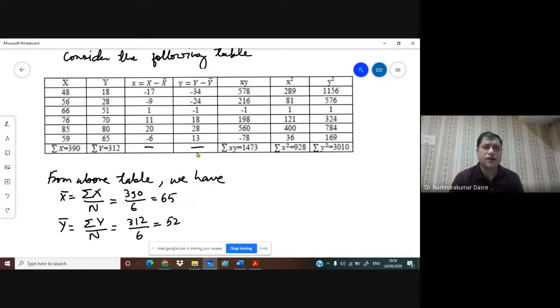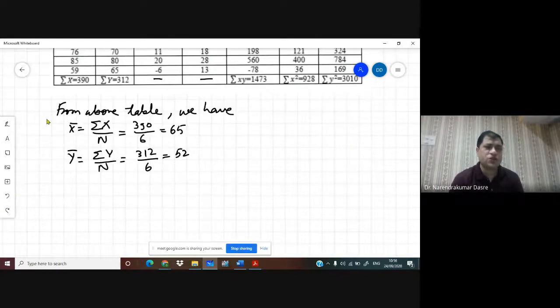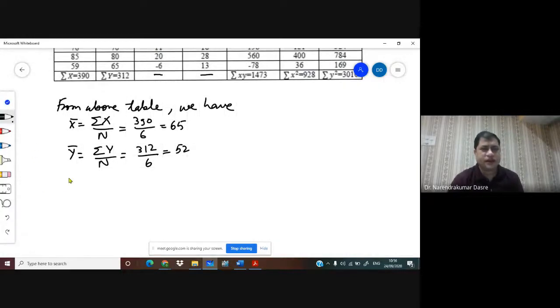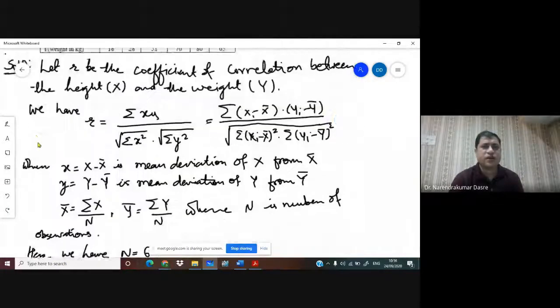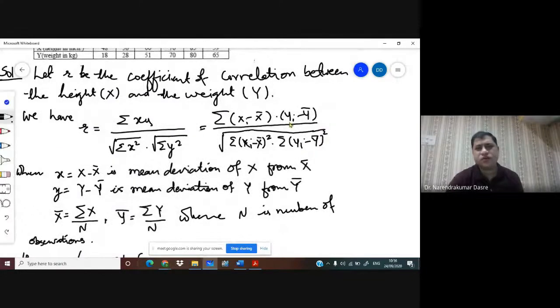Now once you are ready with this table, we are able to write, hence we can say, we have. So we can make this formula equation one.